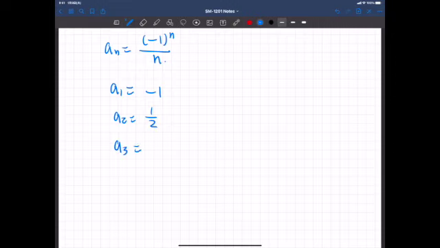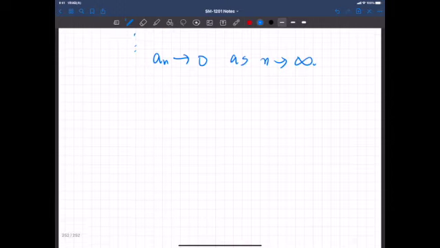A3 is -1/3, and so on. And this converges to 0. So an converges to 0 as n goes to infinity. Okay, so that's one example.